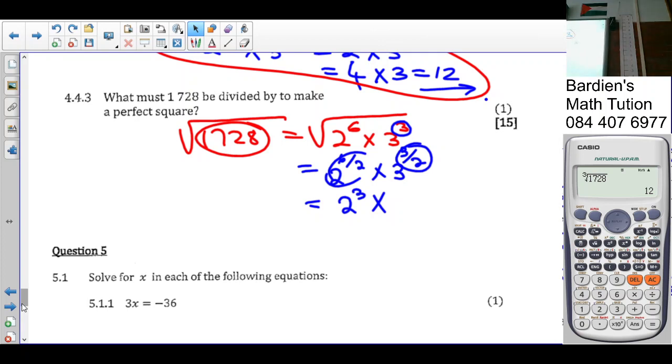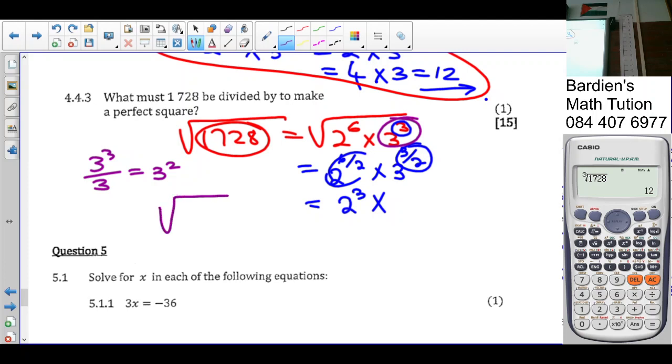So it says, what must 1728 be divided by to make a perfect square? So to get an even number out here, I must divide 3 to the 3 by 3. If I divide it by 3, what am I going to get? 3 squared. Not so? Is 3 squared a perfect square? Let's check.